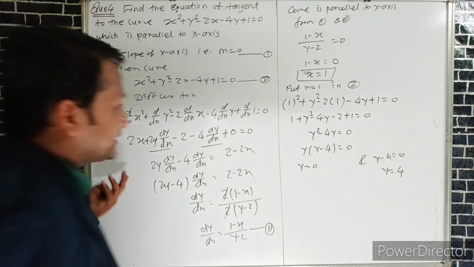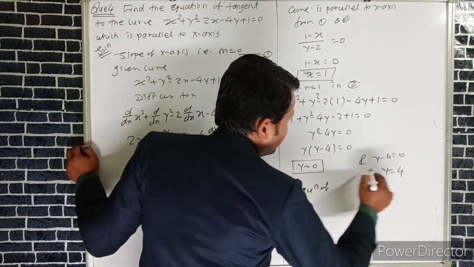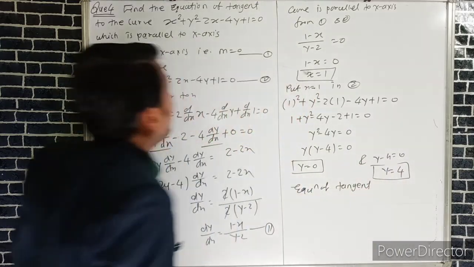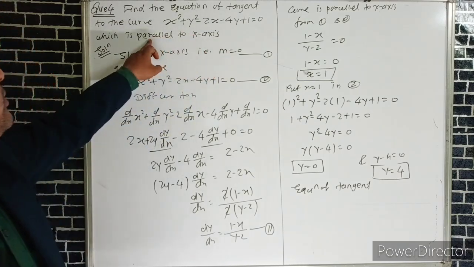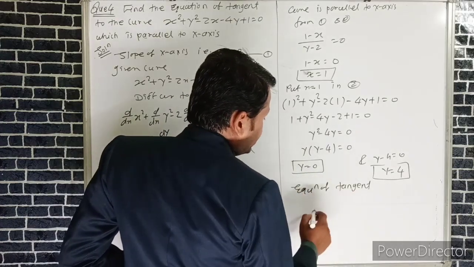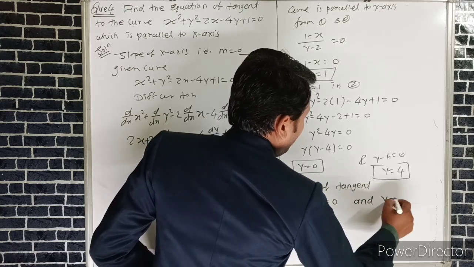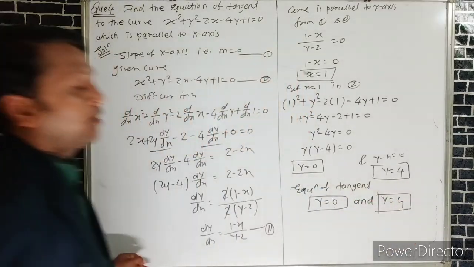Hence, when the slope is 0 or the curve is parallel to the x-axis, the equations of tangent are y = 0 and y = 4. These are the required equations of tangent.